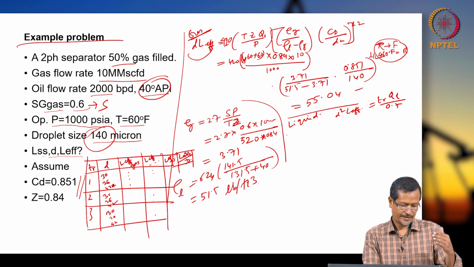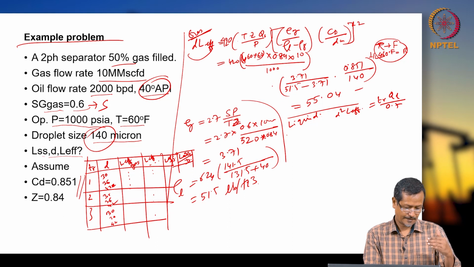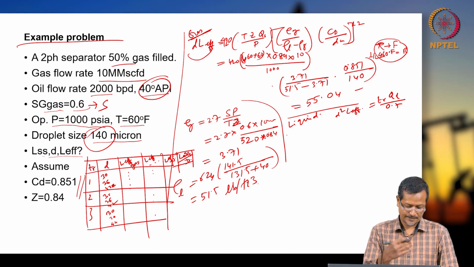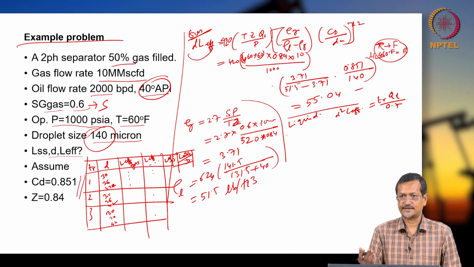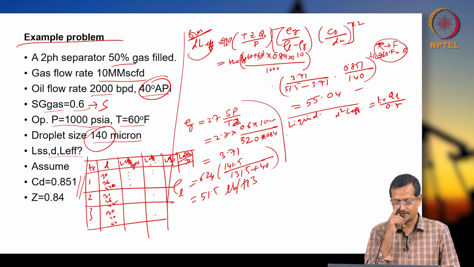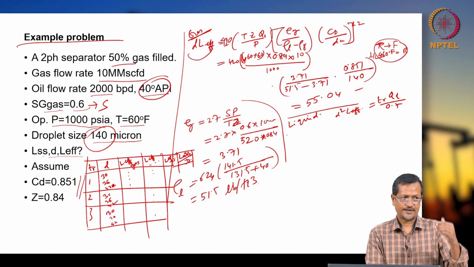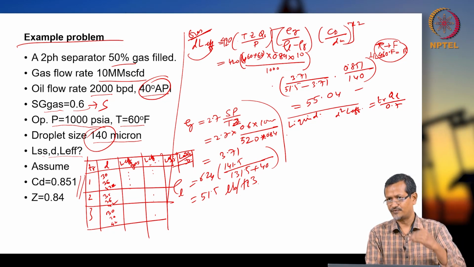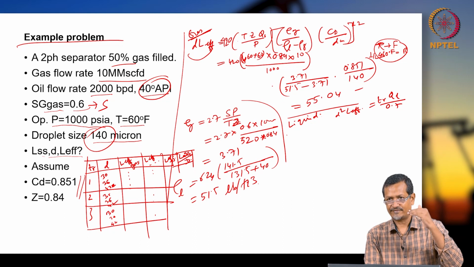Now when you get LSS divided by D, the slenderness ratio should be 3 to 4, so that value you have to take. First you assume different retention times 1, 2, 3, 4, then you take different D values.